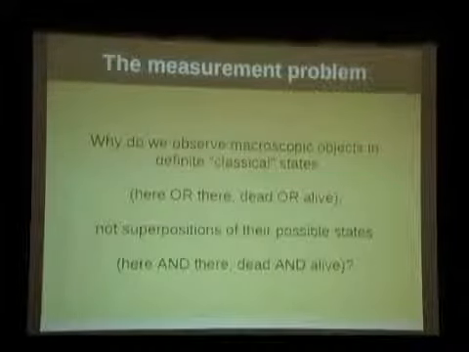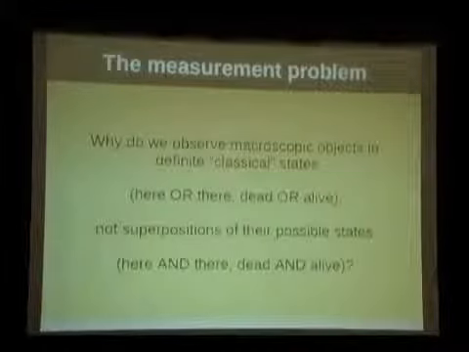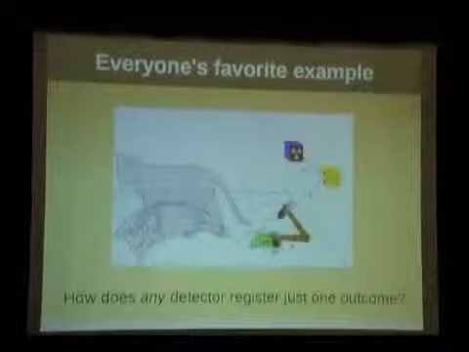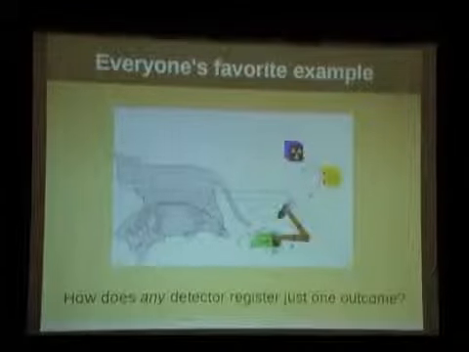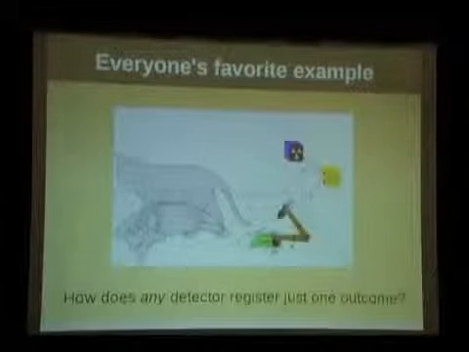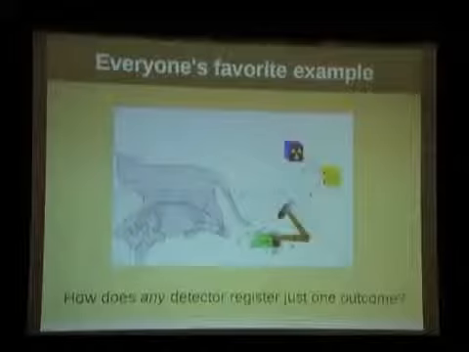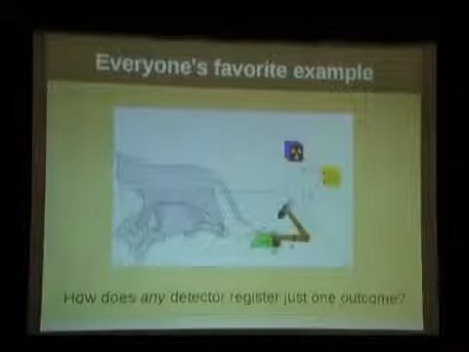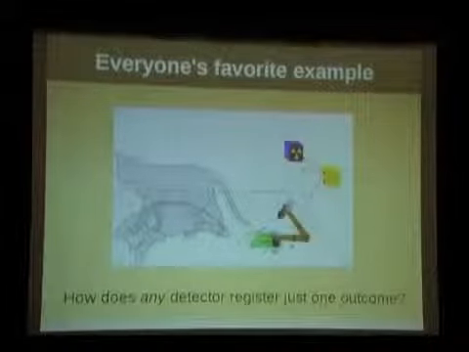So the measurement problem is, why do we see this? And you can think of Schrodinger's cat, which is probably everyone's favorite example, put in a state of being alive and dead by being coupled to a radioactive decay that has and has not occurred because no one's looked at it.